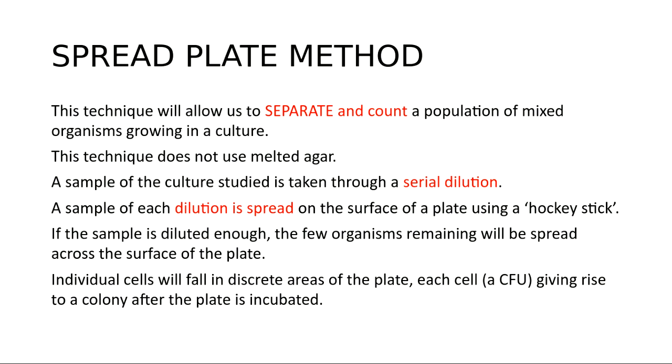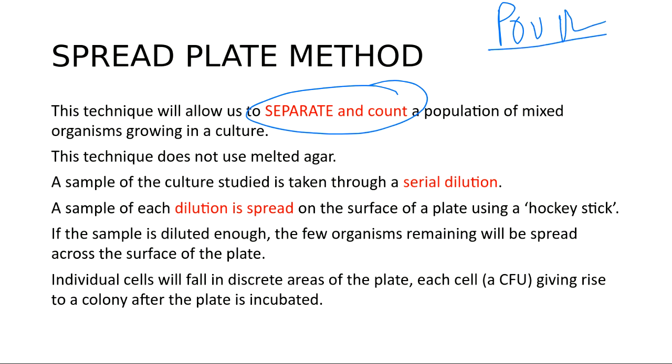It allows us to separate and count. The only difference between a spread and pour is where the organisms are growing. In the pour plate method, organisms were growing on the agar and in the agar. So if you had the little agar there, organisms were growing inside the agar and on top of the agar. So on and in the agar in the pour plate method.